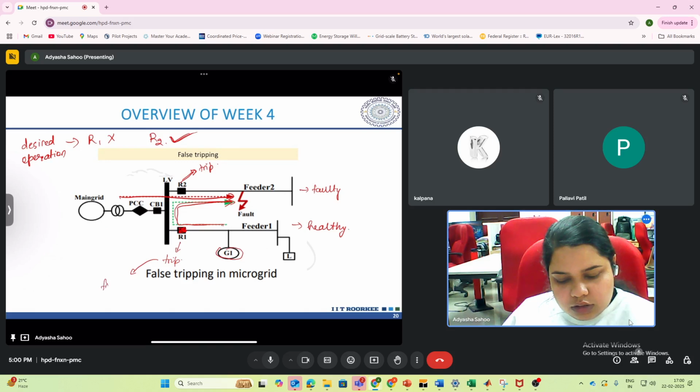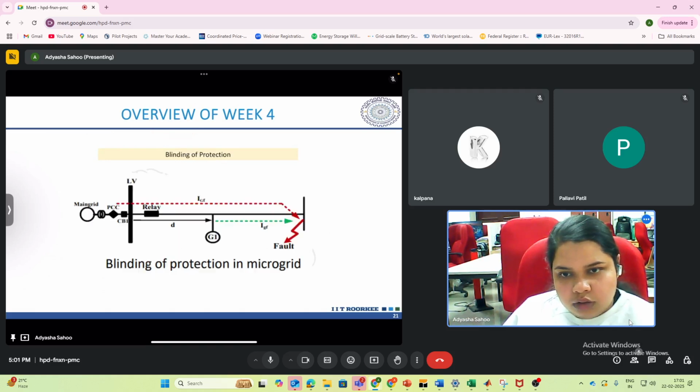That is the fault stripping, because the healthy feeder is being isolated here. We don't want relay R1 to trip, but since it is sensing the fault current that is being fed to the other feeder too, even though the fault is not in feeder 1, this feeder 1 will also get removed. Basically, both these feeders will get removed. That is the fault stripping.